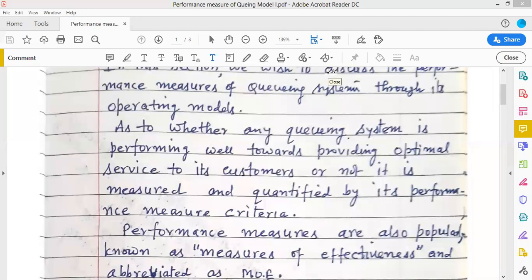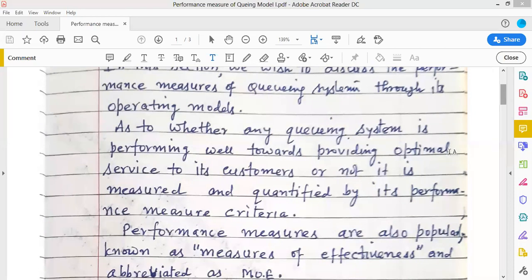So there are three important titles for this performance measure. One is the performance measure itself. Another is operating characteristics. I would like to show you here.